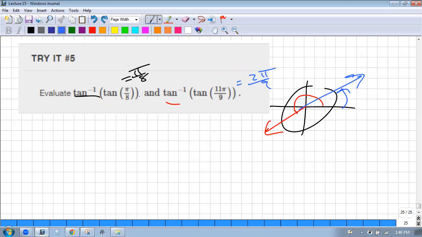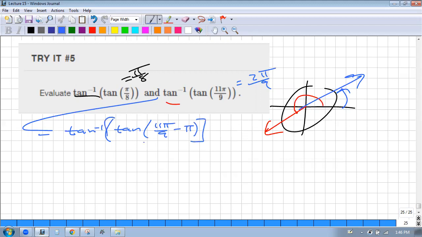So you could use the periodicity of tangent, right? With 11 pi over 9, I can always subtract off pi from the angle and maintain equality, because tangent is pi periodic. Tangent inverse of tangent of 11 pi over 9, let's see.